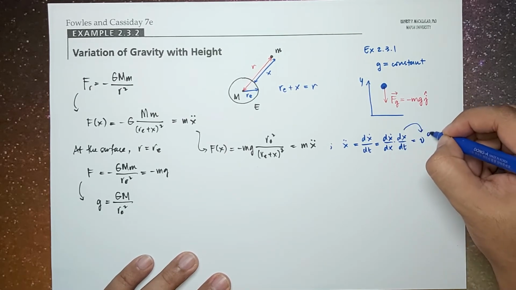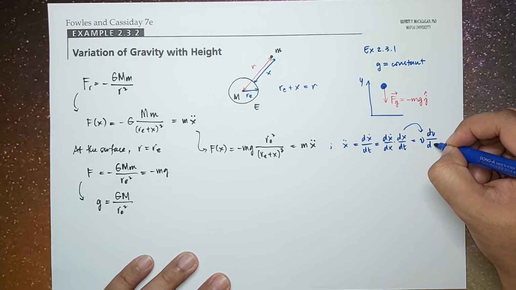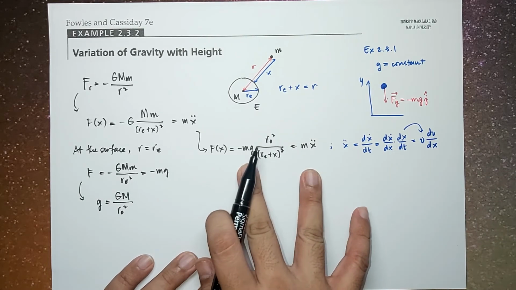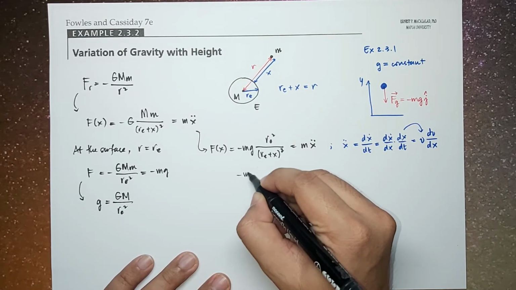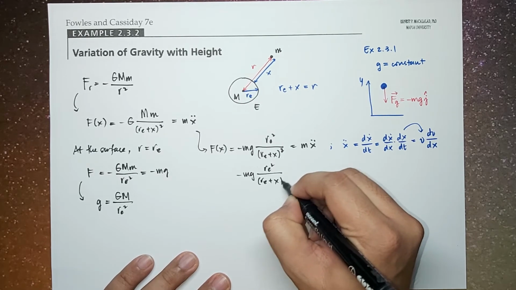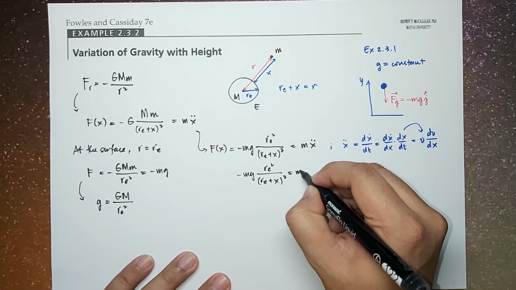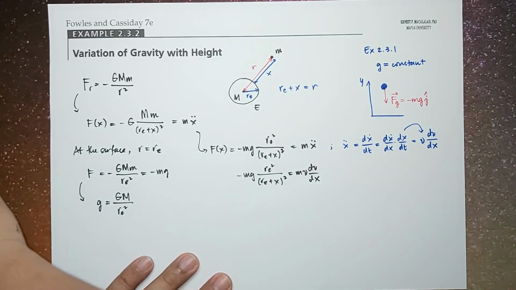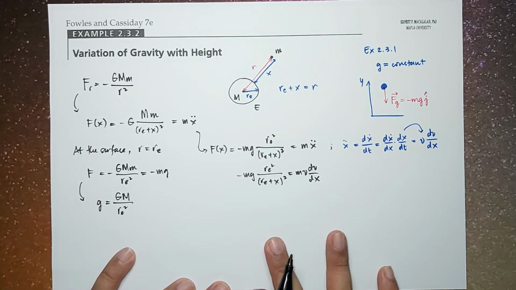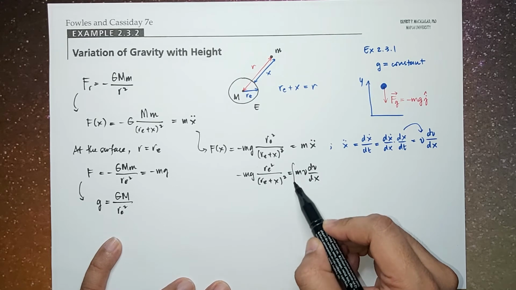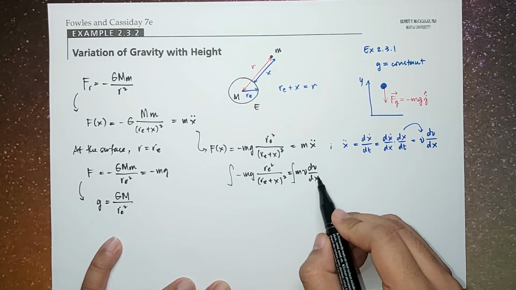So this will be v times the derivative of v with respect to x. Using that relation, we can express this as negative mg R_E squared over (R_E plus x) squared equals m v dv over dx. And then we can solve this by integrating both sides.